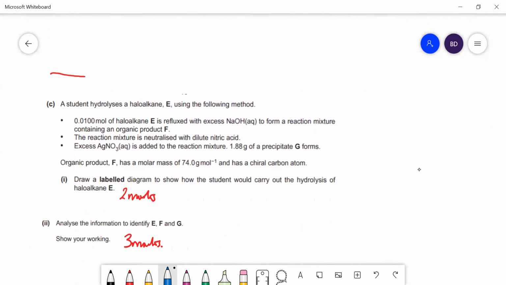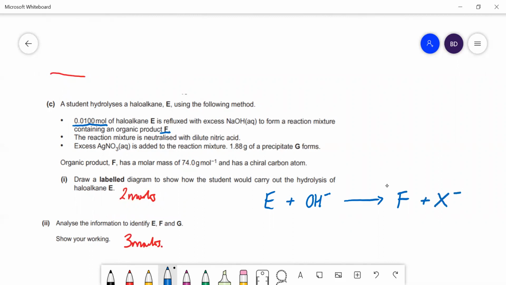Okay, right. A student hydrolyzes haloalkane E. They get 0.01 mole of E, and they react it with excess sodium hydroxide to give F. Also, you're going to get your halide ion coming off.